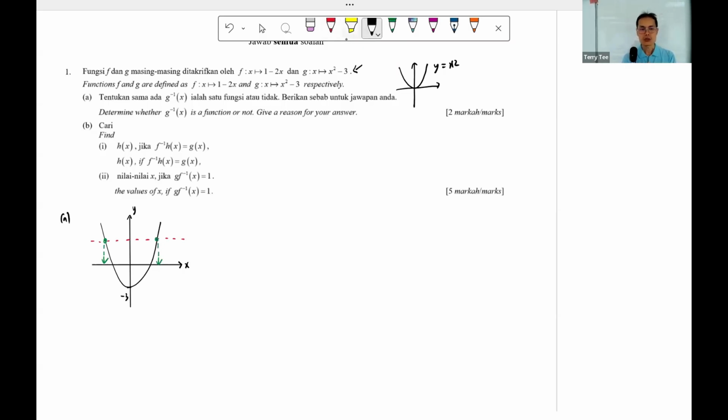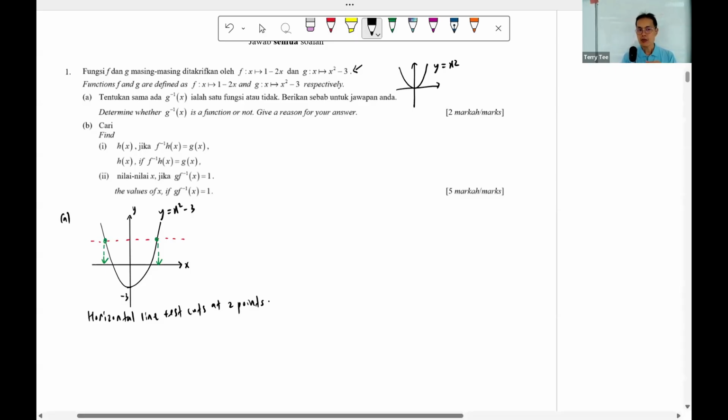So maybe I label this as y equals x squared minus 3, horizontal line test cuts at 2 points. When the horizontal line cuts at 2 points, you have 2 answers, 2 x values mapped onto the same y value.